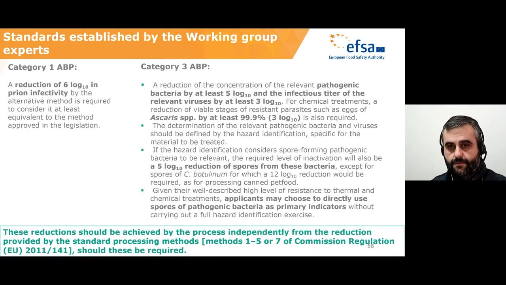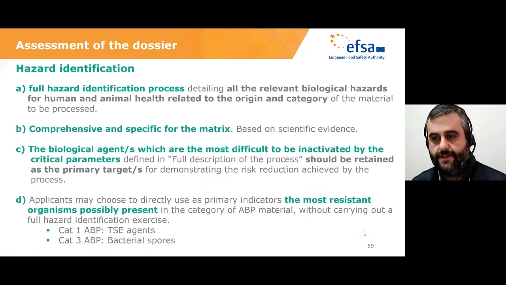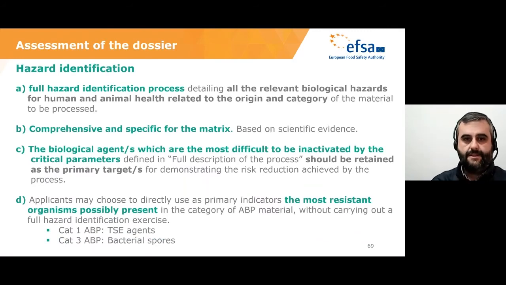Okay, so we can move to the next slide. Once we know the main standards we follow and the limits and log reductions that we are going to look for in our assessments, I want to focus specifically on two points of the process, that is the hazard identification and the level of risk reduction.